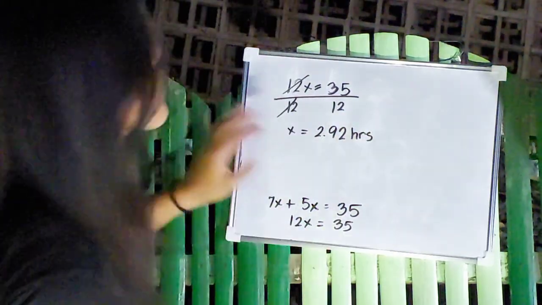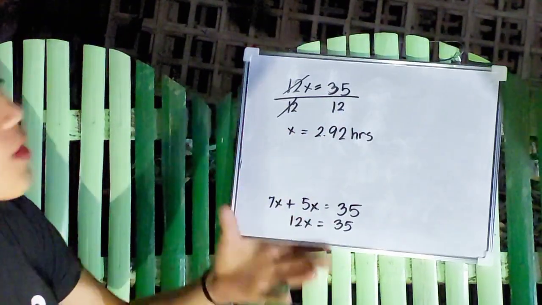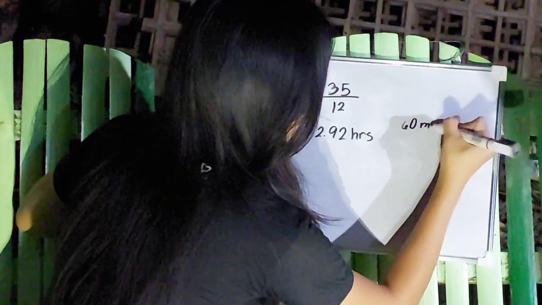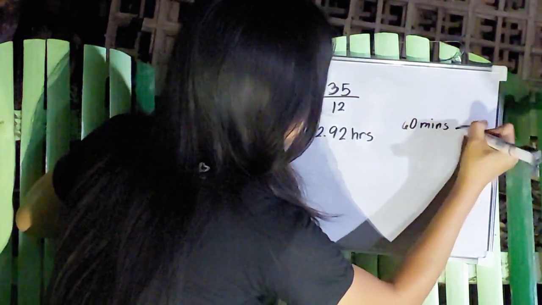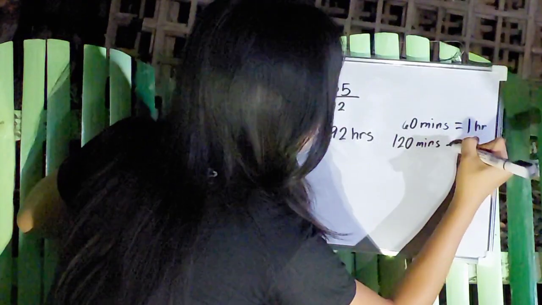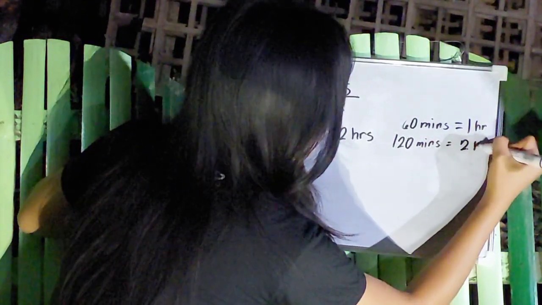Now let us find out the remaining minutes for 2.92 hours. 60 minutes is equivalent to 1 hour. Our x is 2.92 hours, so 120 minutes is equivalent to 2 hours.